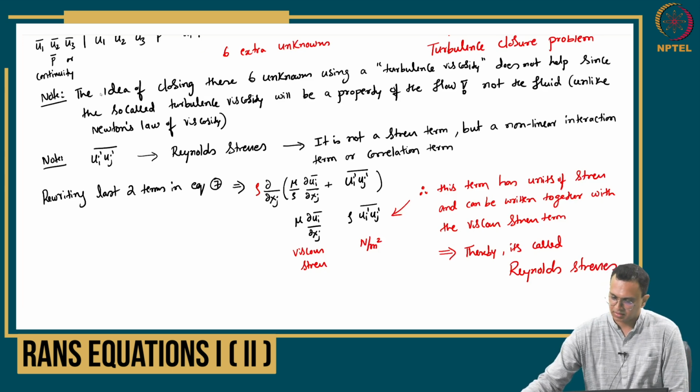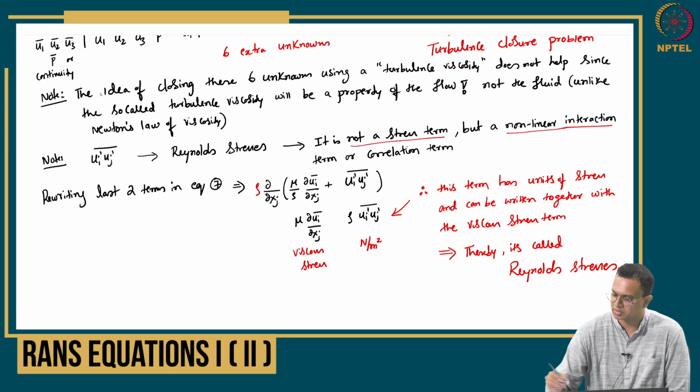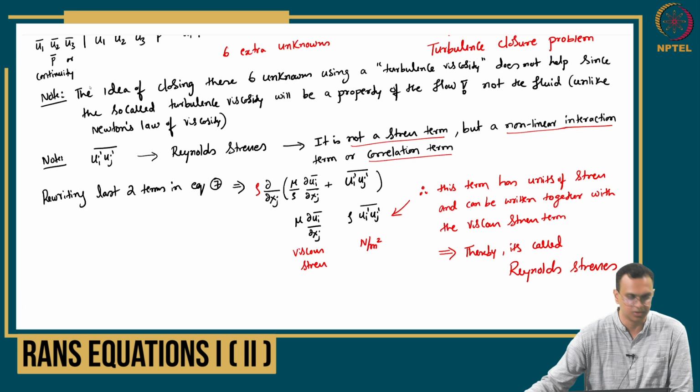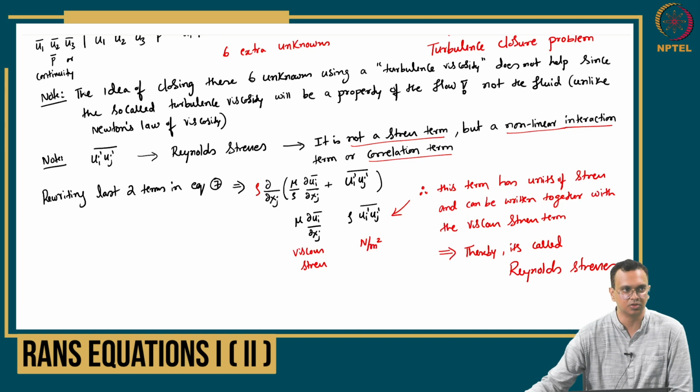But you must remember that it is not a stress, not a stress term. Its true meaning is basically a nonlinear interaction term, and you can think of it as a correlation term, a nonlinear correlation term, not really a stress, but popularly called Reynolds stresses. So if we can close Reynolds stresses, the equation 7 for mean momentum gets closed, and then you can solve for mean velocities, solve for mean pressure, and get whatever engineering data you want to achieve.